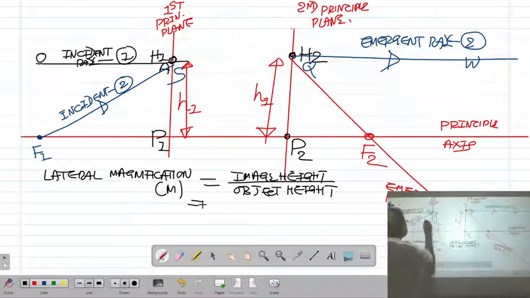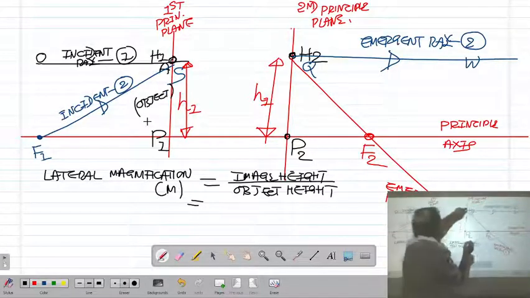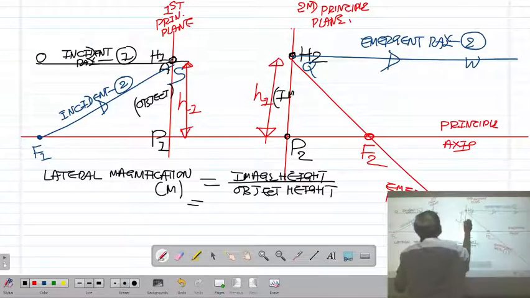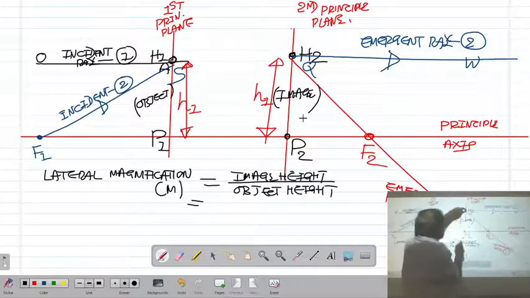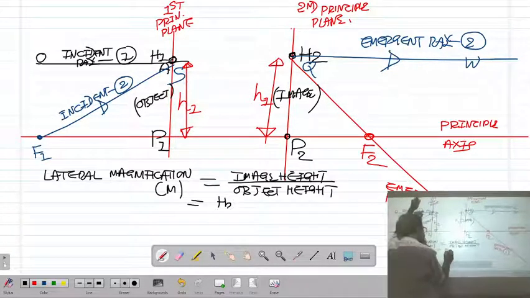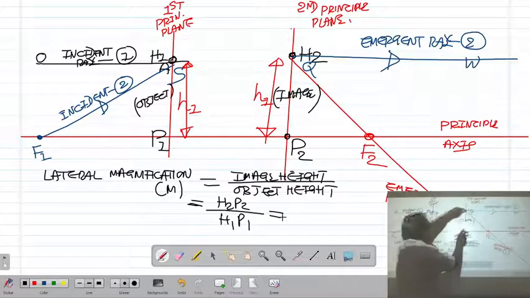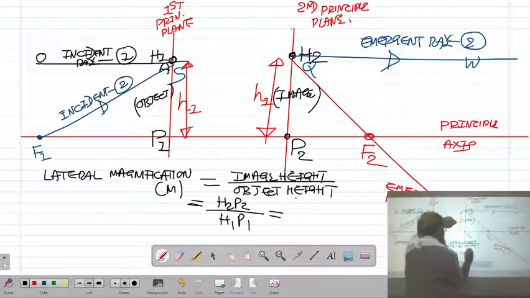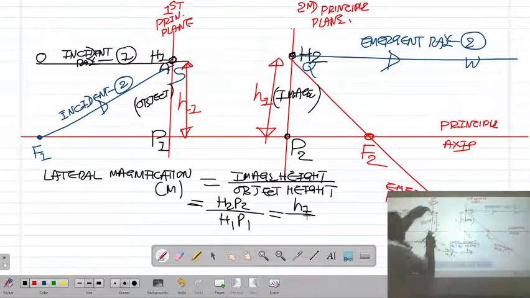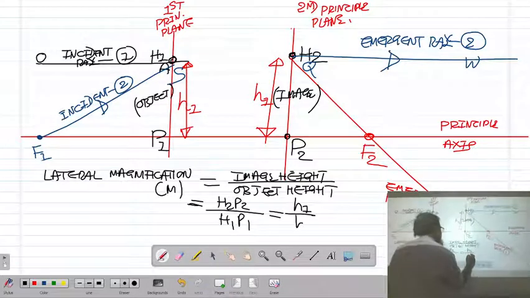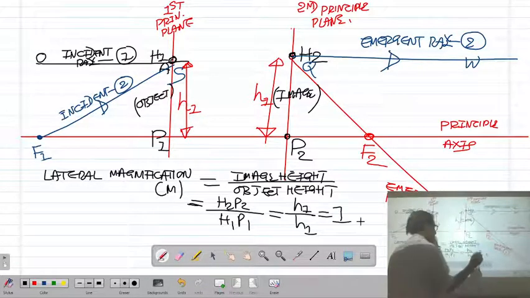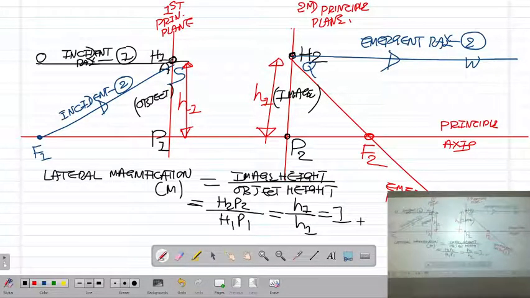This H1 is the object, this H2 is the image. So what is the image height? H2. What is the object height? H1. The height of the image H2 is small h1 and the height of the object H1 is also small h1. So magnification is 1.